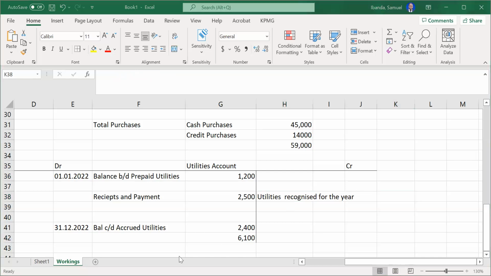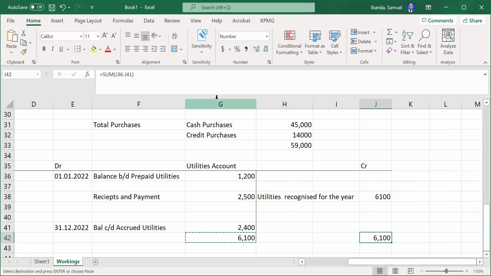So the utilities recognized for the year is actually 6,100. It's 6,100. Now, those are your total utilities.